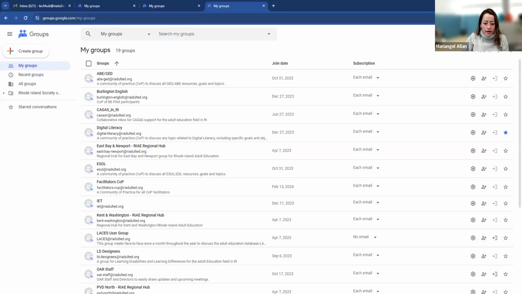So that's one way that you can have control over knowing the groups or COPs that you belong to. If you would like to try that while we're here, feel free.